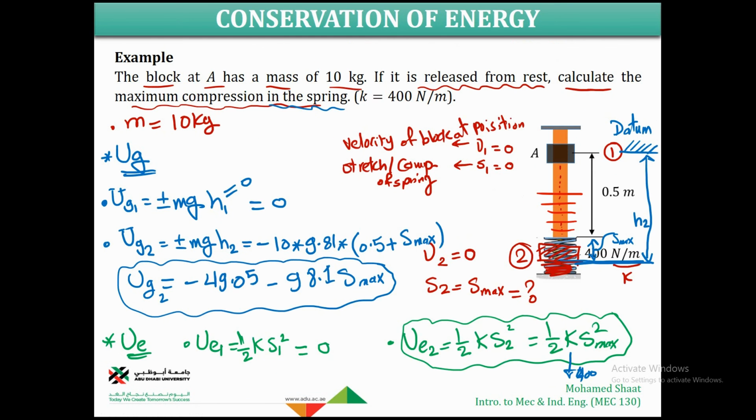So this is a typical application of how we can use the conservation of energy principle in order to solve some engineering applications. In some applications, you would be required, for example, to calculate the maximum compression if you decided to release. Think of it like this is a real application.